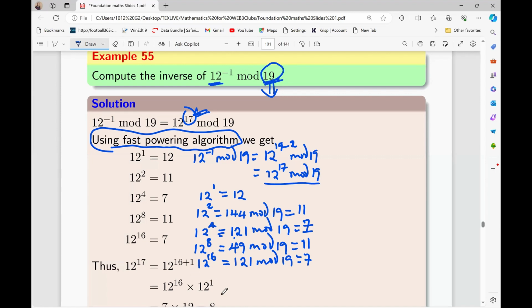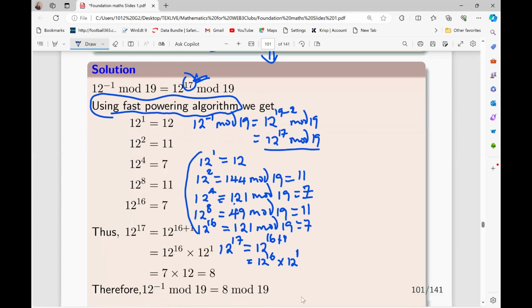So what we are only supposed to do now is to find out what 12 raised to 17 is in terms of what we have. 17 is the same as 16 plus 1, which is the same as 12 raised to 16 times 12 raised to 1.